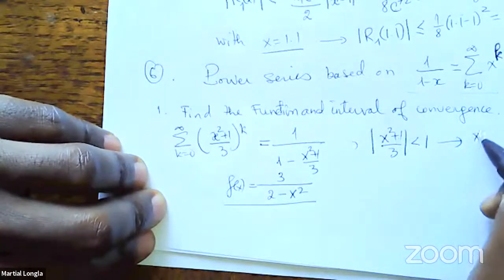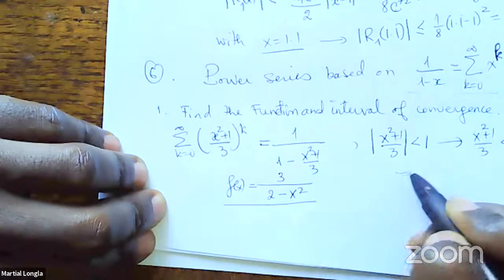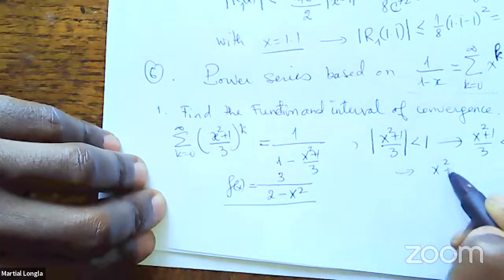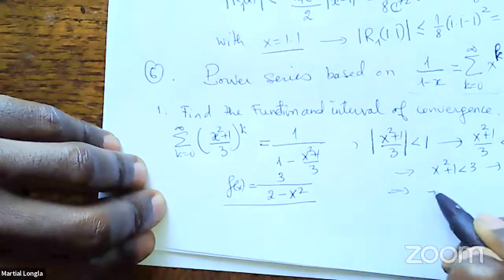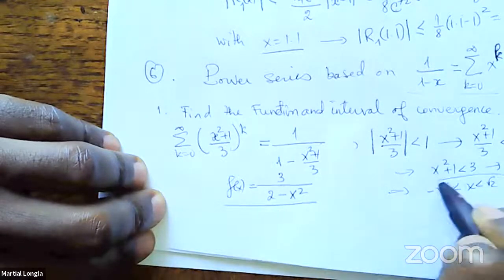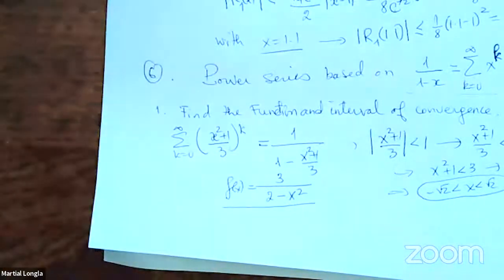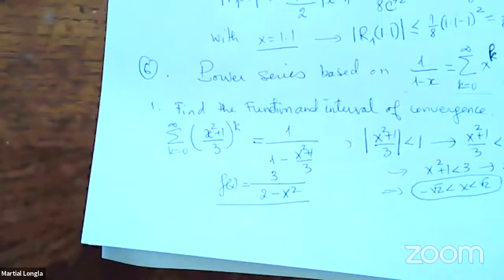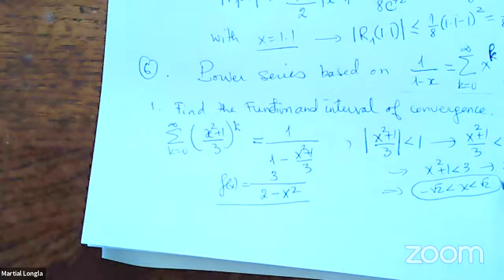That means x squared plus 1 over 3 is less than 1, which means x squared plus 1 is less than 3, which means x squared is less than 2, which means negative root 2 is less than x less than root 2, and there's nothing else to do. There's no need to plug in anything for these questions, because the interval of convergence is already given to you. All you need to do is plug the corresponding function in there and solve to get the interval.